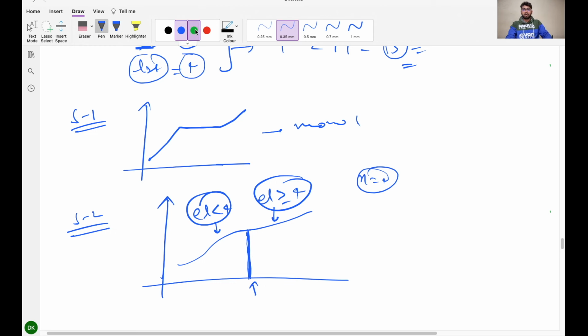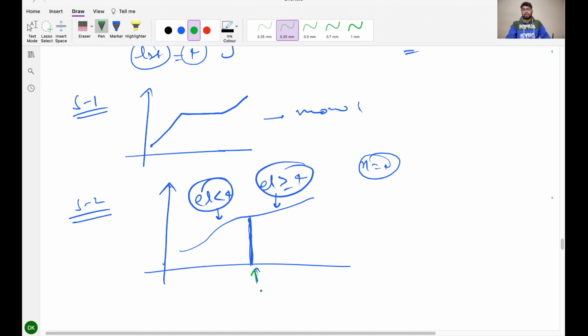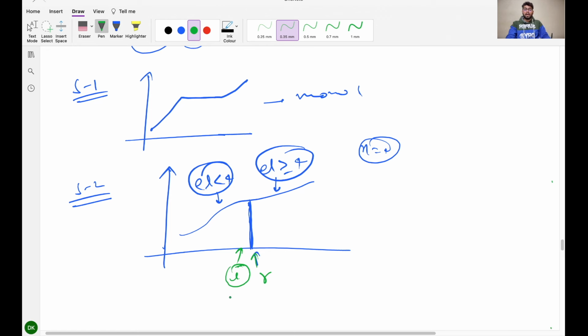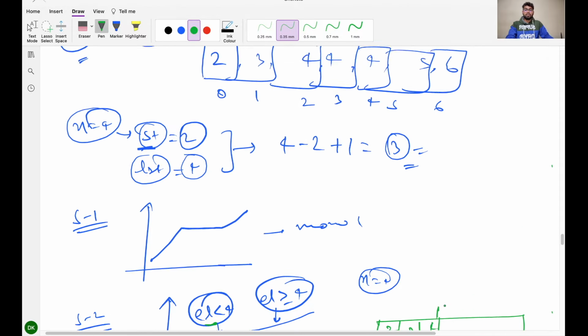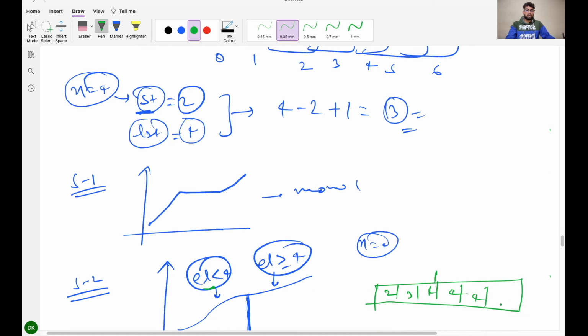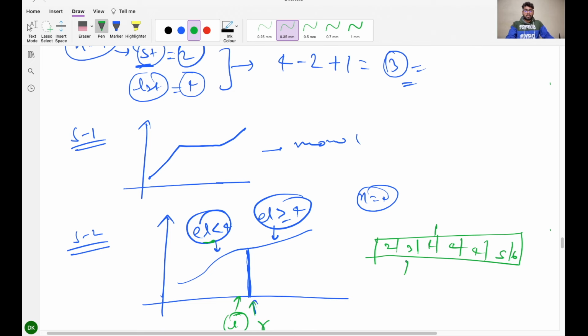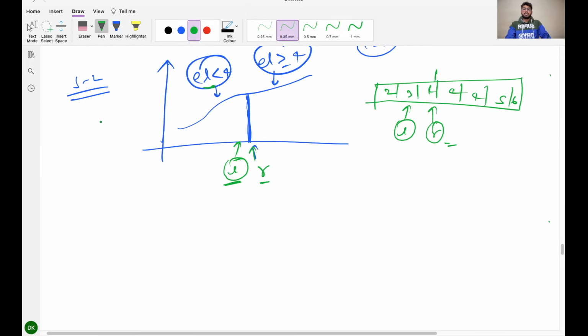After processing the whole array, my R would be here and my L would be here: the element at index L is less than 4, and the element at index R is equal to 4. So in the array 2, 3, 4, 4, 4, 5 and 6, after processing, my L is here and my R should be here. So this is my step 2.